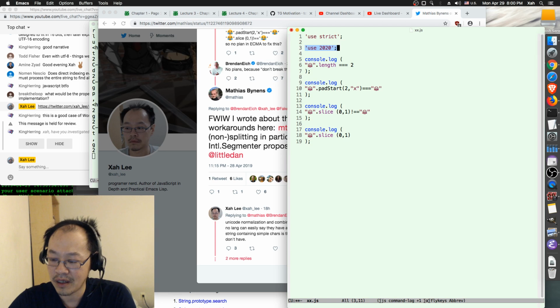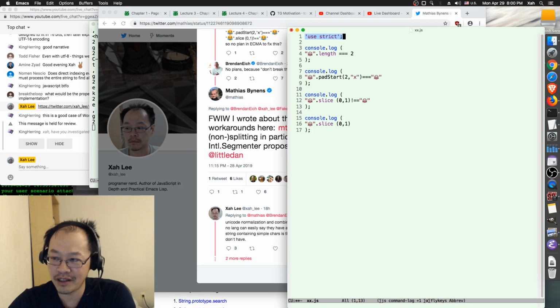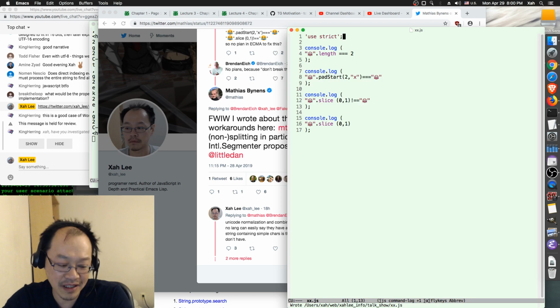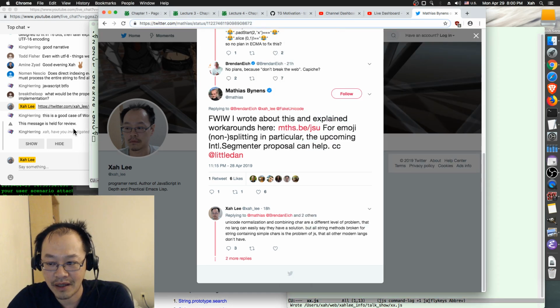I think it's technically called pragma in JavaScript. Each language calls this kind of thing differently. In Perl, it's called directive. So anyway, they decided they don't want to do that. So that is the situation with JavaScript.